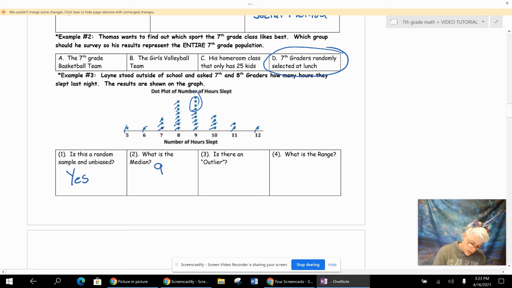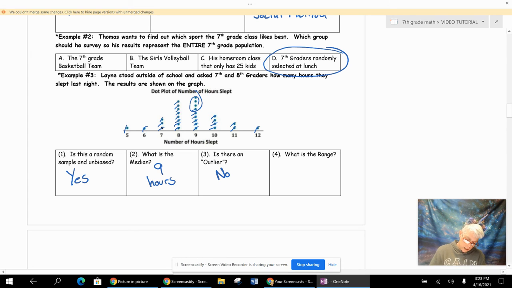So what is the median? 9 hours. I wish all of our kids got 9 hours of sleep a night, but I think y'all sleep a lot less than that. Is there an outlier? Well, there really isn't. There isn't anybody out there at 15 hours or at 0 hours. So it's pretty spread, 10, 11, 12, 5, 6, 7. So that's a no on that one.